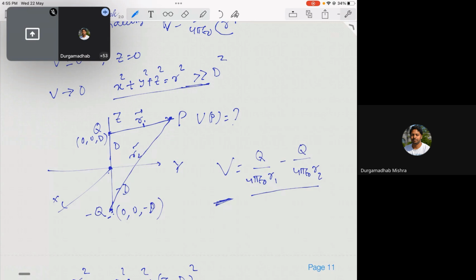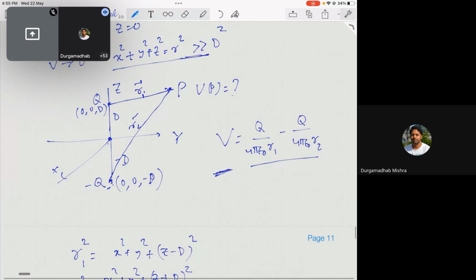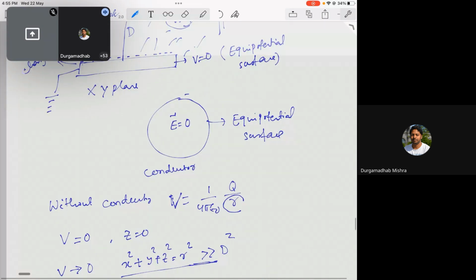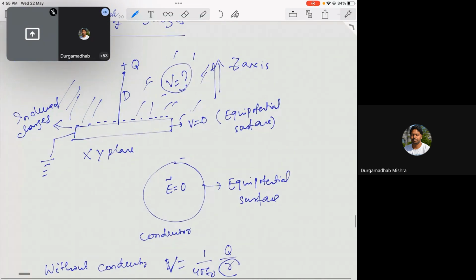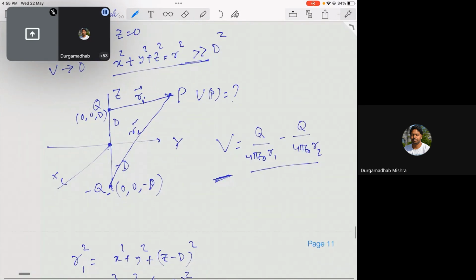This is the nice thing about the uniqueness theorem. So for the problem we started with, charge Q and the conductor, the potential will simply be Q by 4 pi epsilon naught R1 minus Q by 4 pi epsilon naught R2. Simply that.